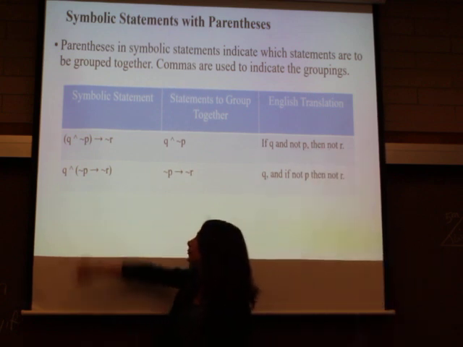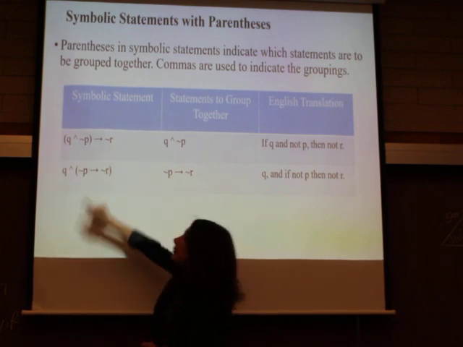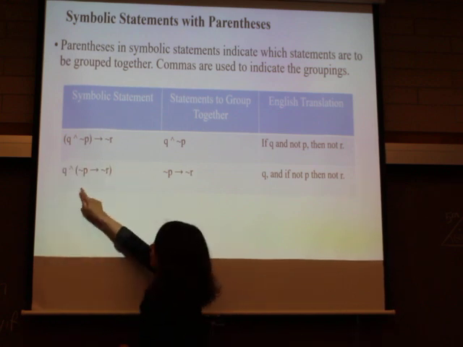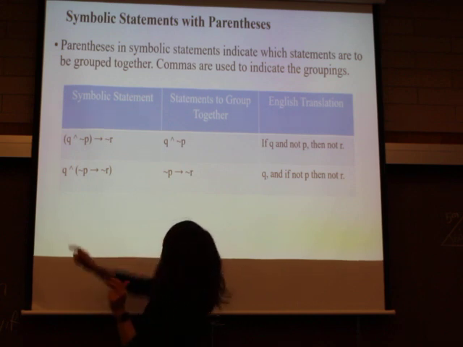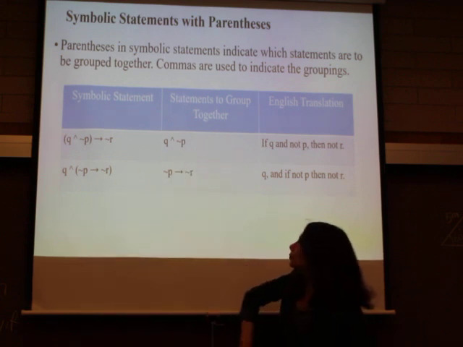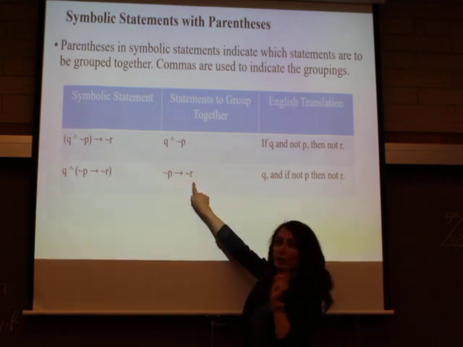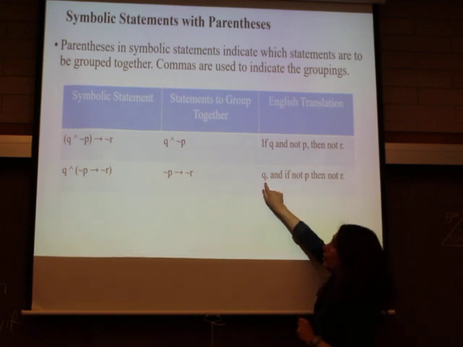Now look at here. I have Q and if not P, then not R. So as you see here, I have the parentheses here, right? So if not P, then not R, they have created one group. So what statements have been grouped together? These ones. If not P, then not R. If I want to use words, so see, Q, then comma.